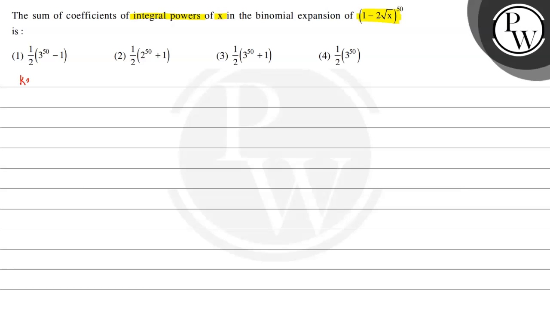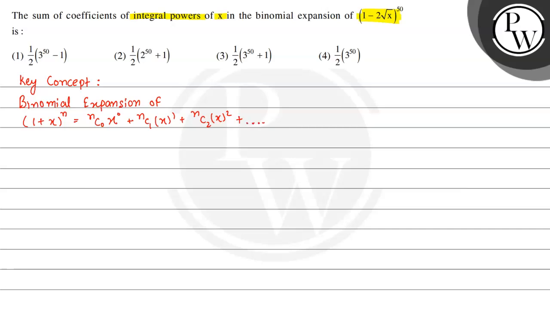So the key concept to solve this question is the binomial expansion of (1 + x)^n, which is equal to nC0 x^0 + nC1 x^1 + nC2 x^2 + and so on up to nCn x^n.